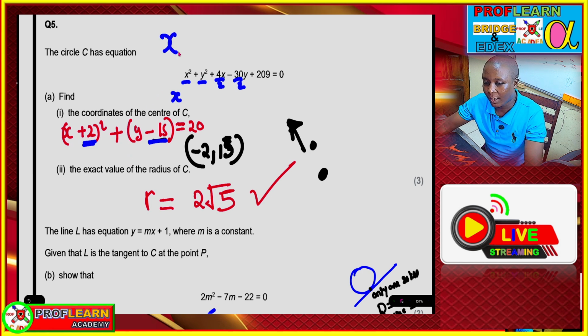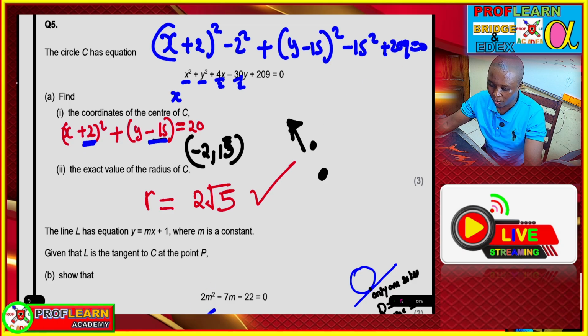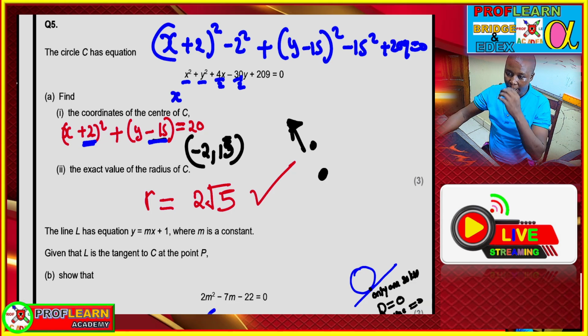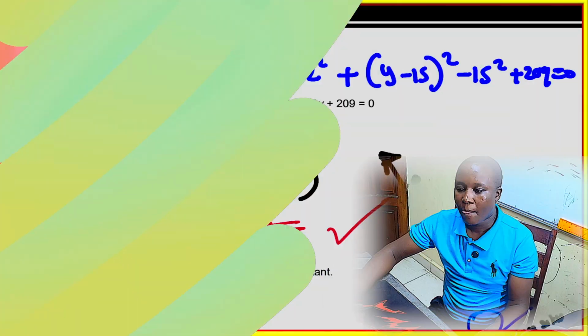So this is going to be x plus a half of 4, which is 2, squared, minus 2 squared, then plus y, a half of this one is negative 15, squared, then we subtract 15 squared, then 209 is equal to 0. That's the approach I used there, so that I could simplify it in that manner.